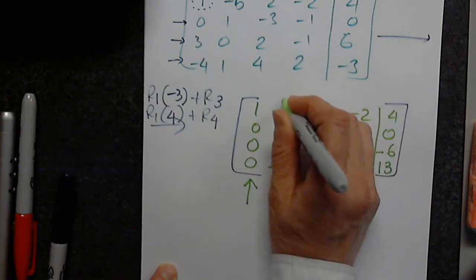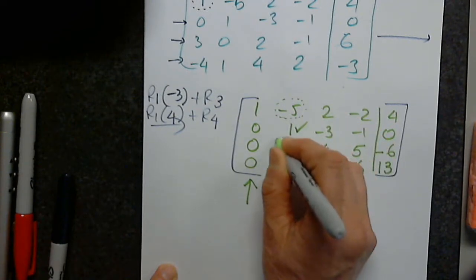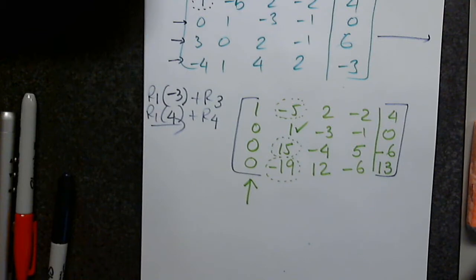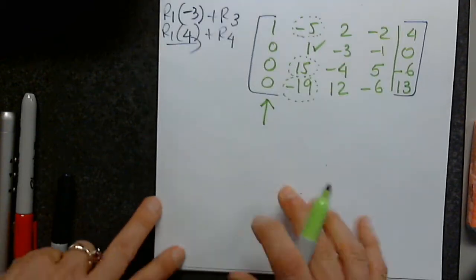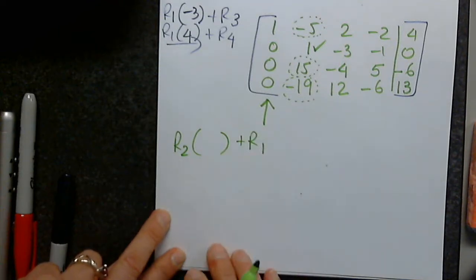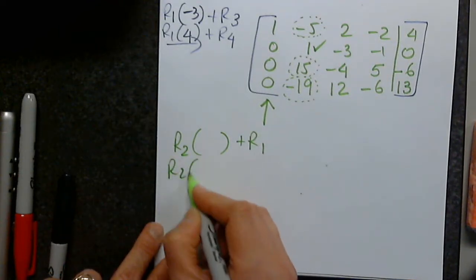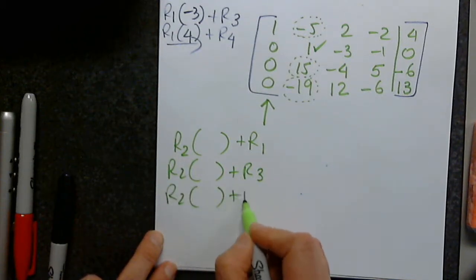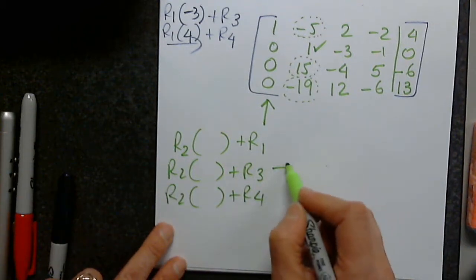So now I have to work hard to get the zeros here. Yes, I have to multiply row 2 by something and add it to row 1, multiply row 2 by something and add it to row 3, and multiply row 2 by something and add it to row 4.